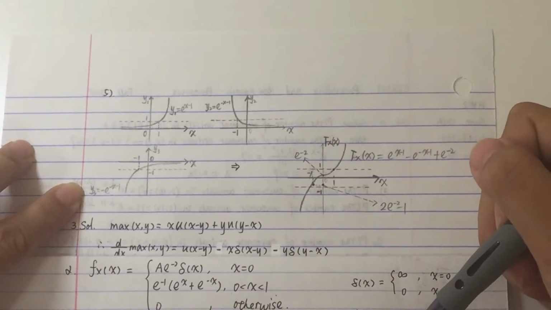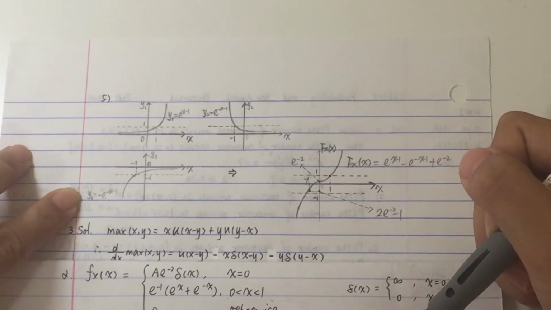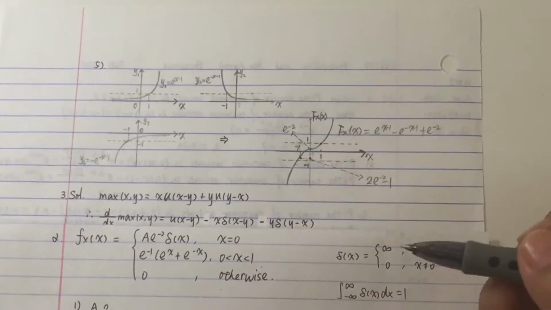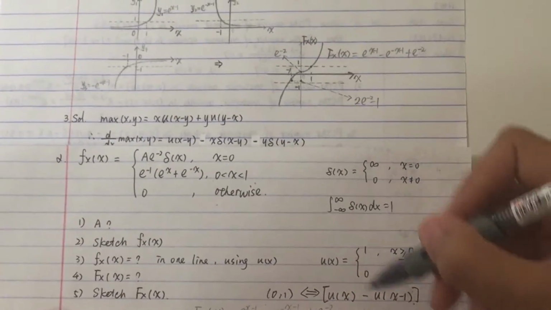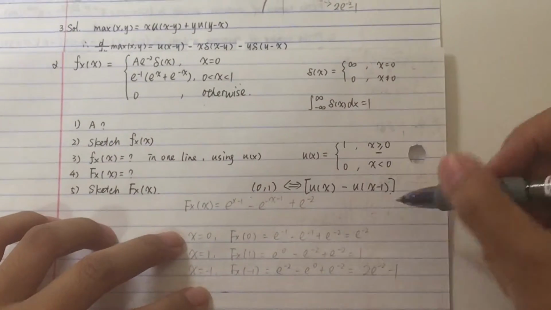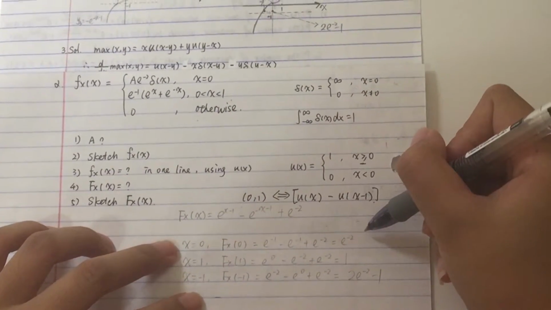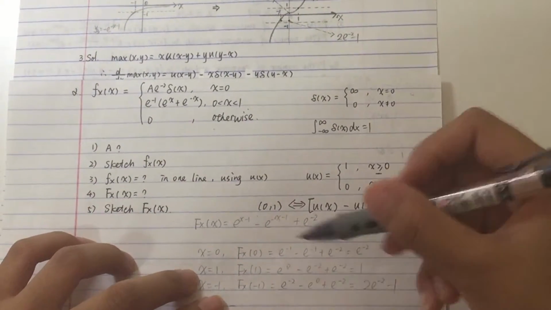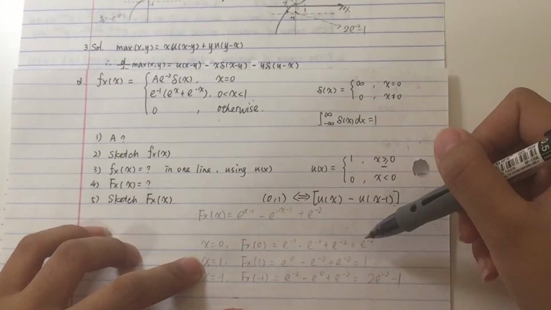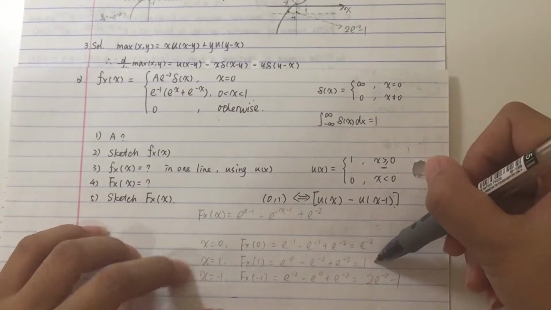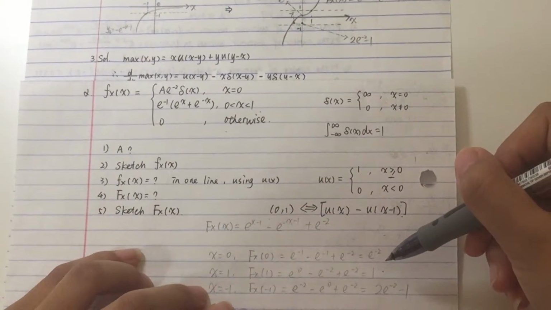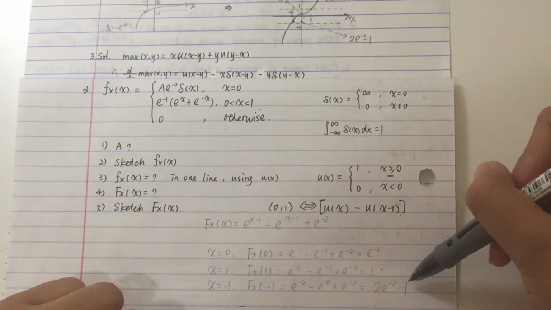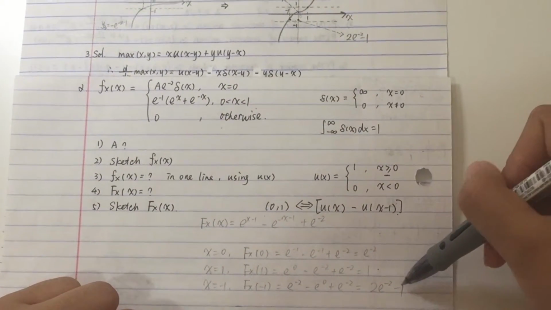So we can determine some special points and get the basic shape. Here when x equals 0, Fx at 0 equals e to the power minus 2, and when x equals 1, Fx at 1 is 1. If x equals minus 1, Fx at minus 1 is 2 times e to the power minus 2 minus 1.